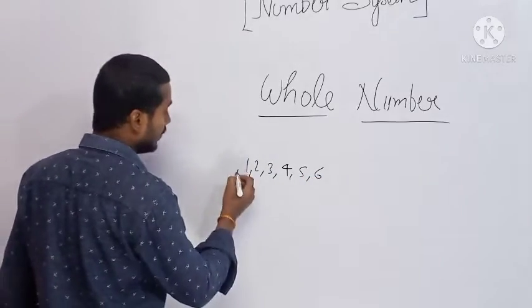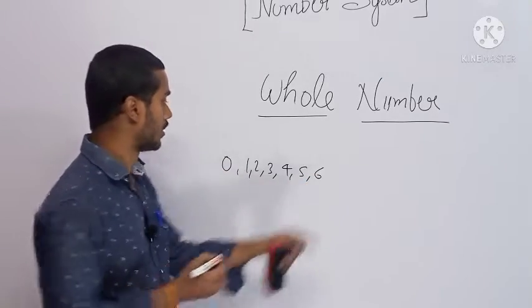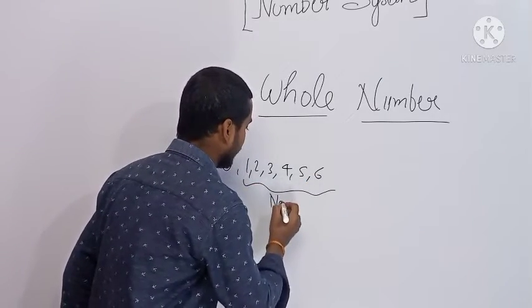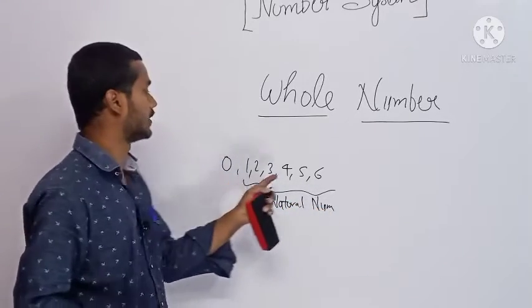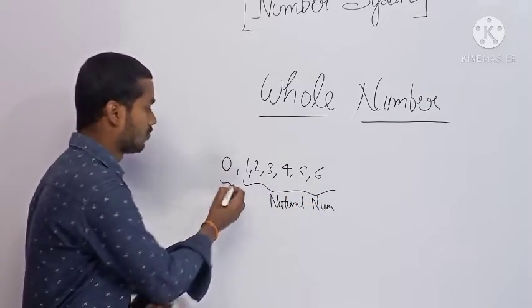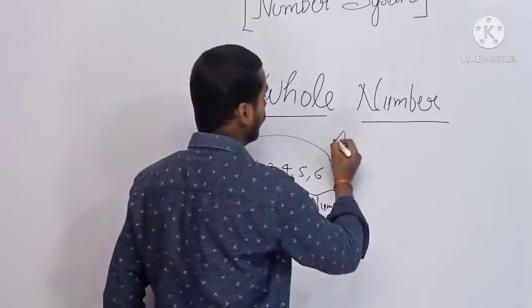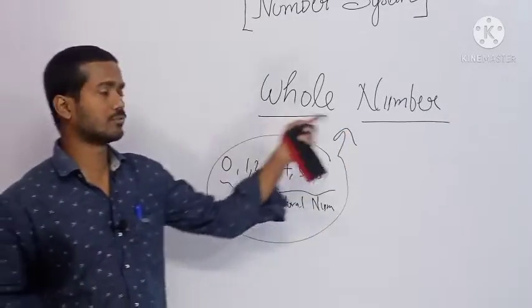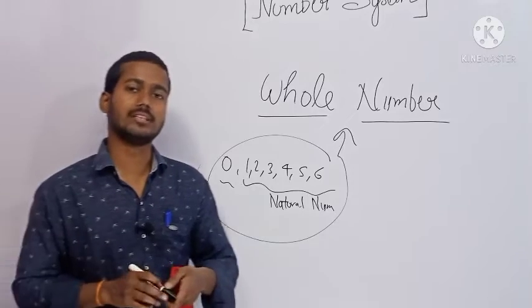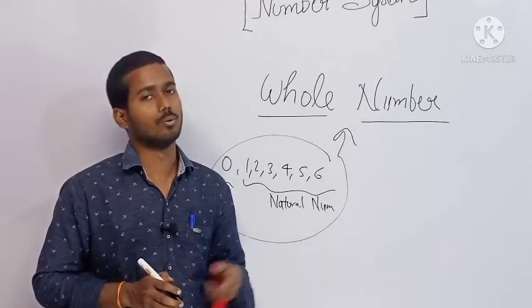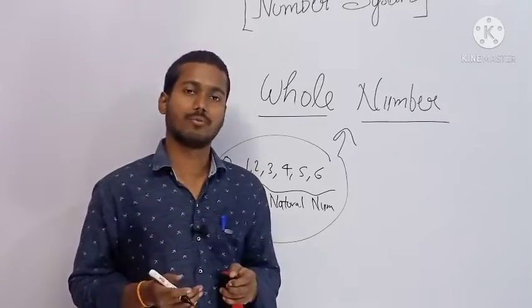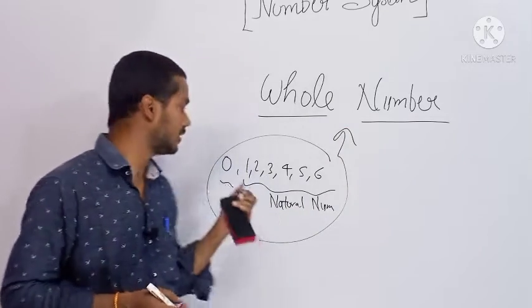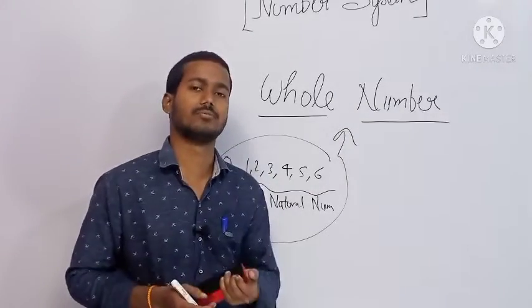No. But when we include 0 with the natural numbers, we get whole numbers. That means a whole number is all the natural numbers including 0 itself. Only by including 0 in the natural numbers, we get whole numbers, right?